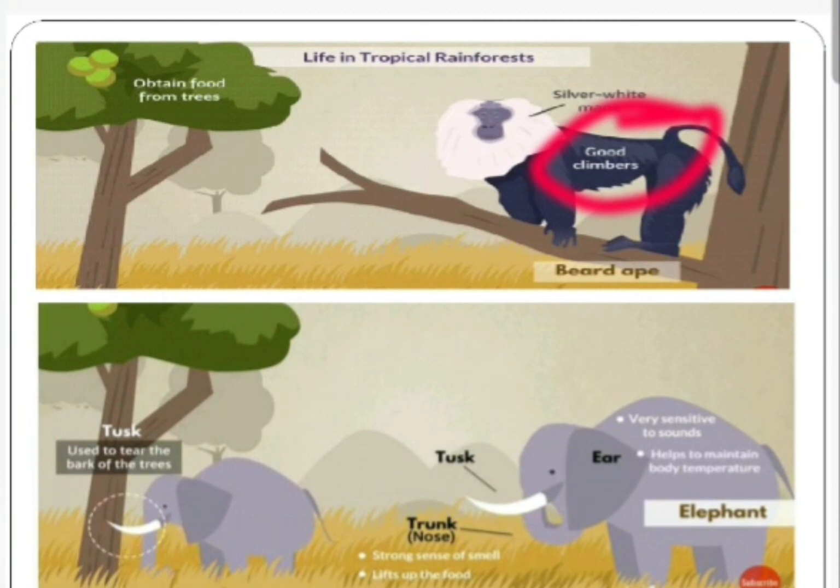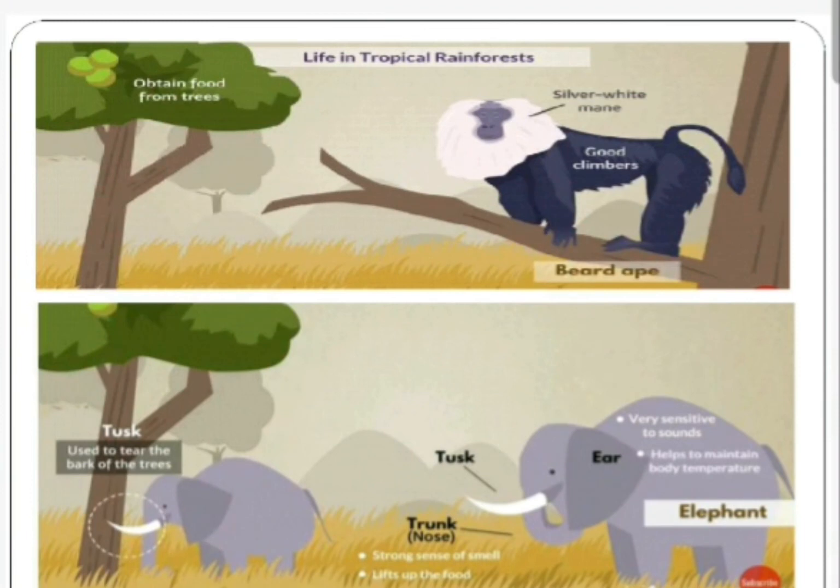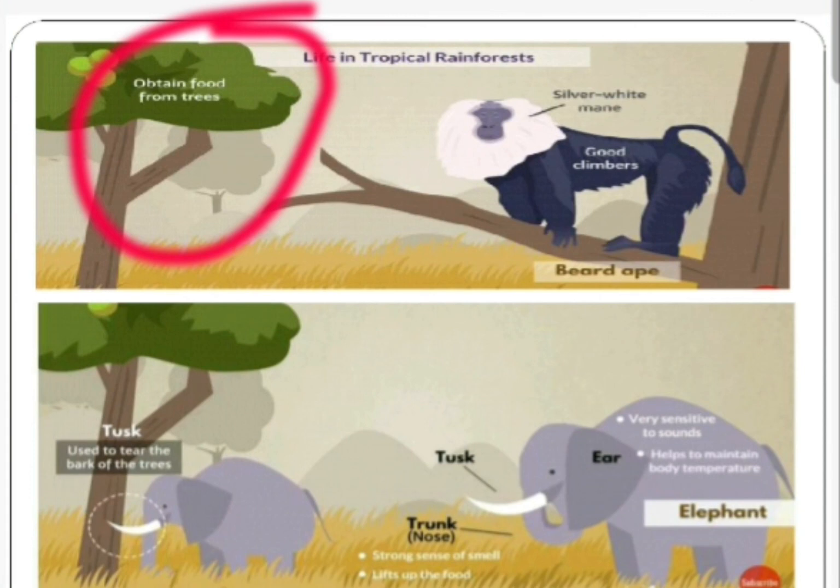It feeds mainly on fruits. It also eats seeds, young leaves, twigs, flowers, and birds. These animals also search for insects under the bark of trees, and since it is able to get sufficient food on the trees, it rarely comes down to the ground.